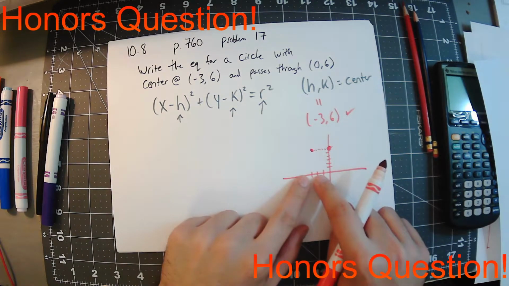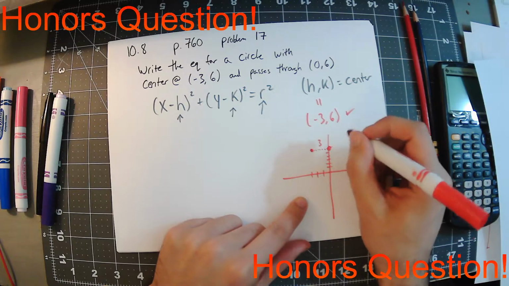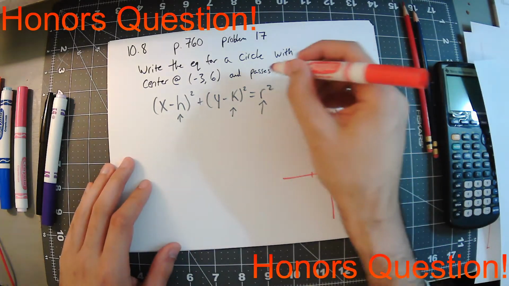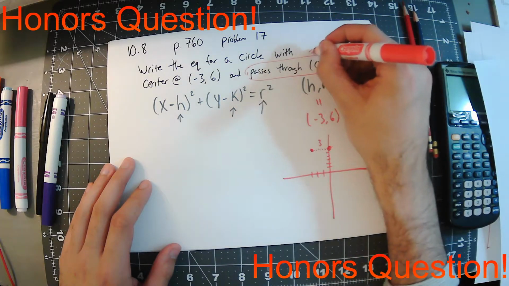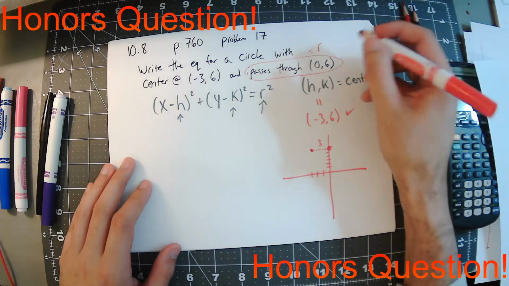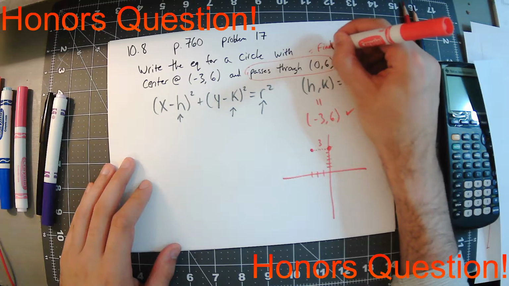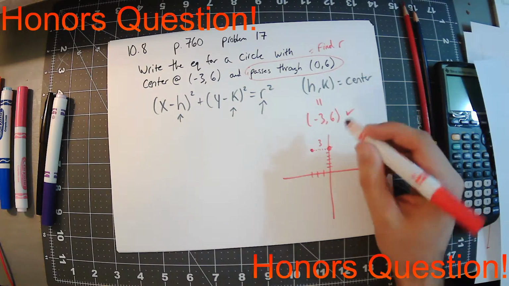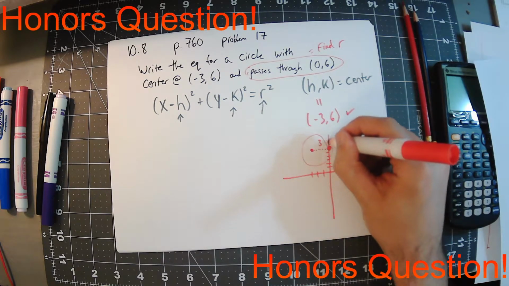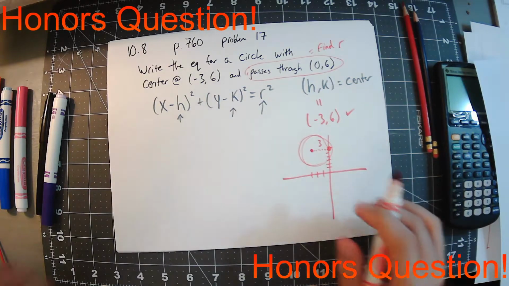And that is 1, 2, 3 away. So this helps me know what my radius is. That helps me find r. So our radius is 3.